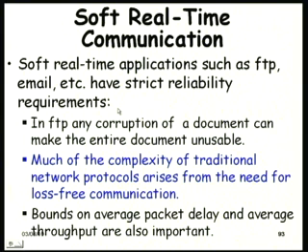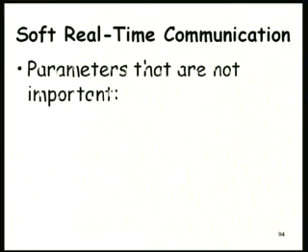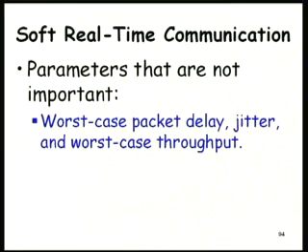And even if you look at soft real time communications, FTP, etc., even the packet delay and average throughput are also important parameters, because if it takes a long amount of time and the throughput is very low, that won't be acceptable for FTP or email. But what are not important for soft real time communication are the worst case packet delay, the jitter, and the worst case throughput.